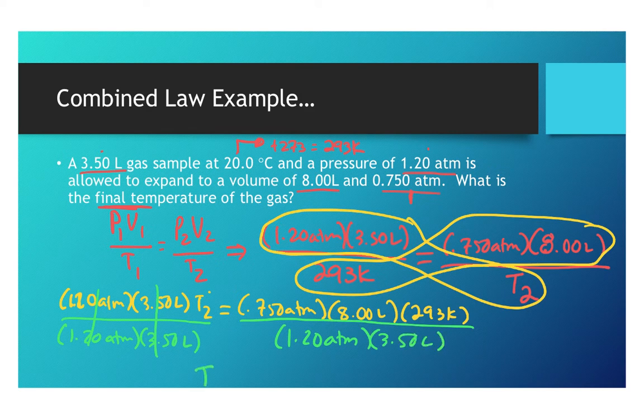If I run that whole thing through my calculator, 0.750 times 8 times 293 divided by 1.2 divided by 3.5, I get a final answer of 480 18.6 Kelvin.